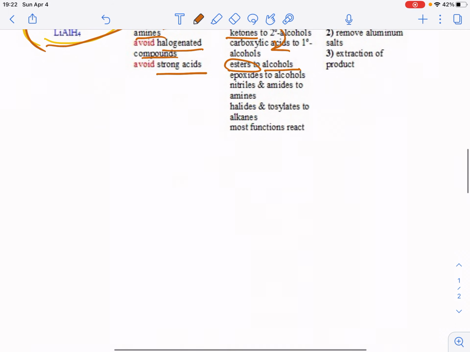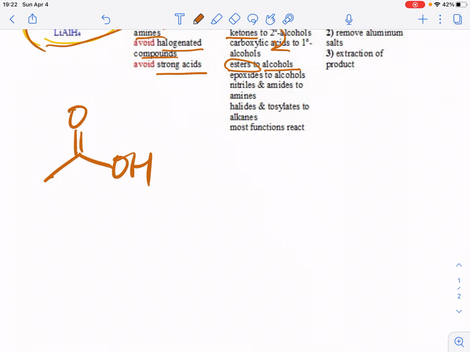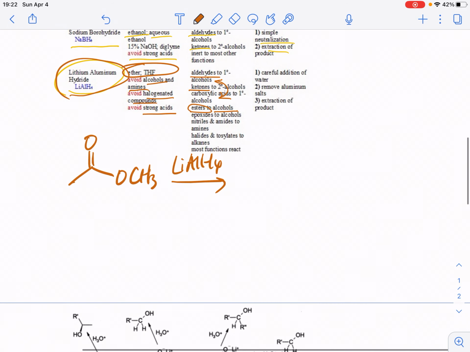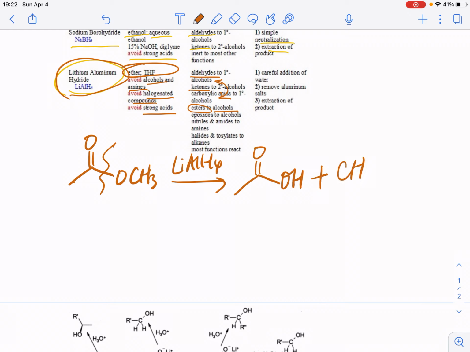And the reaction goes, oxygen O2. I'm sorry, that's not an ester. OCH3. If you use lithium aluminum hydride, what's the product? You're actually going to cleave it here, right? And CH3OH, is that it?